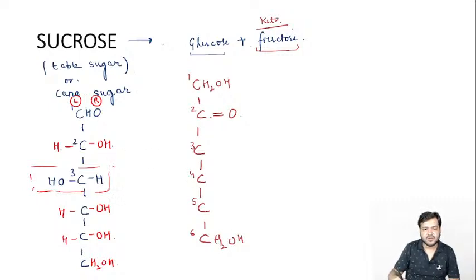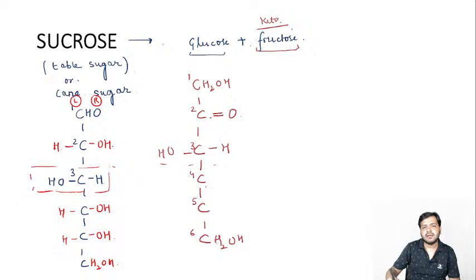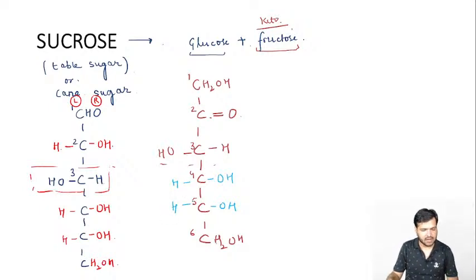In the third carbon, the OH will be present over here and the H over here, similar to glucose. Yes Siddhi, it's on the second carbon, perfectly told. So this is the structure of fructose, and this is the structure of glucose.